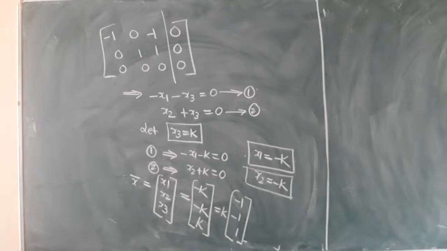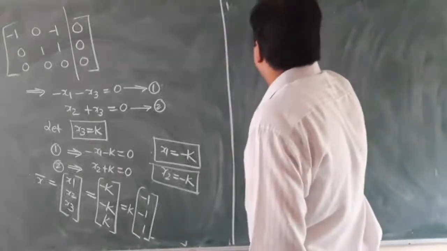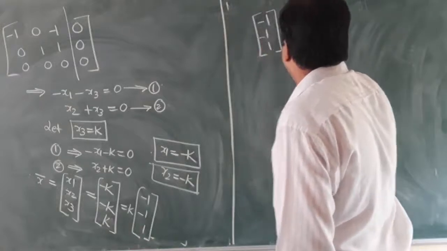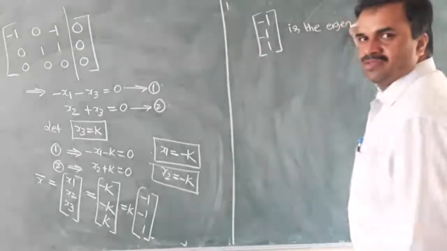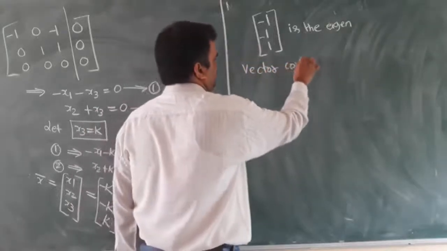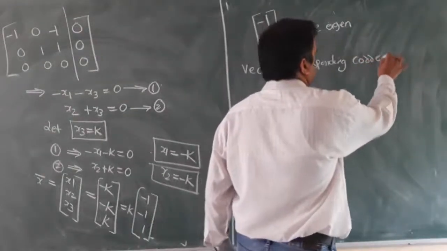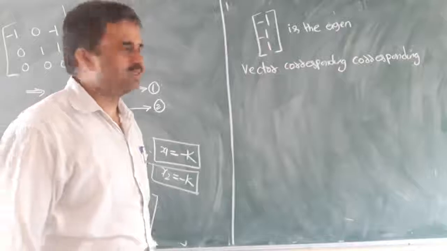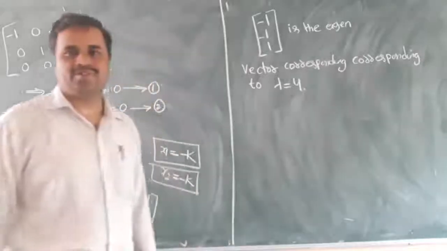Therefore, minus 1, minus 1, 1 is the eigenvector corresponding to lambda equal to 4.